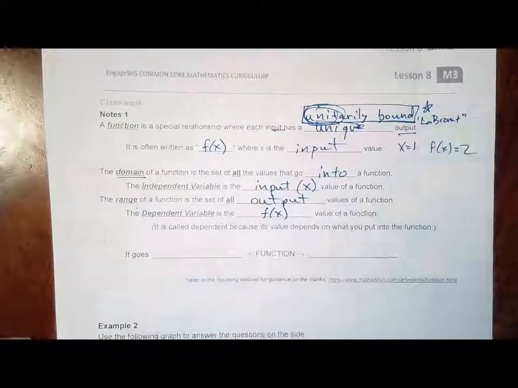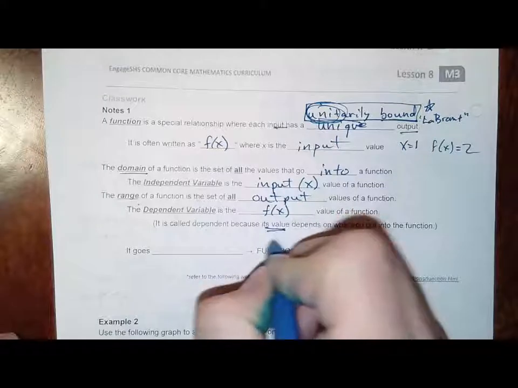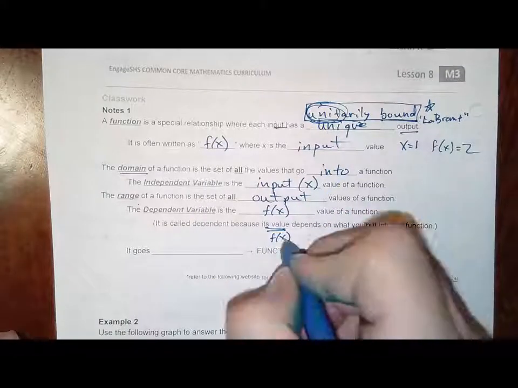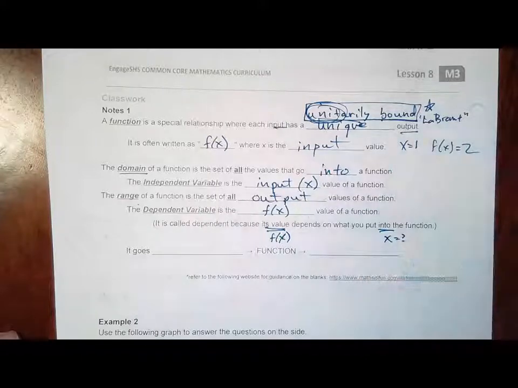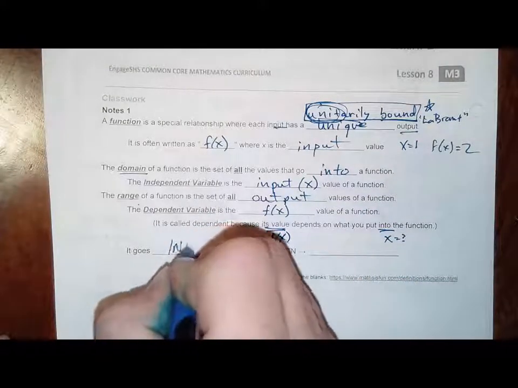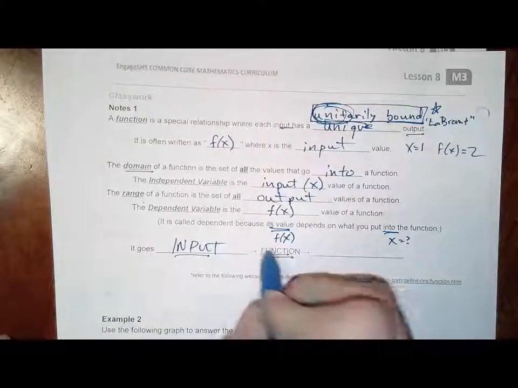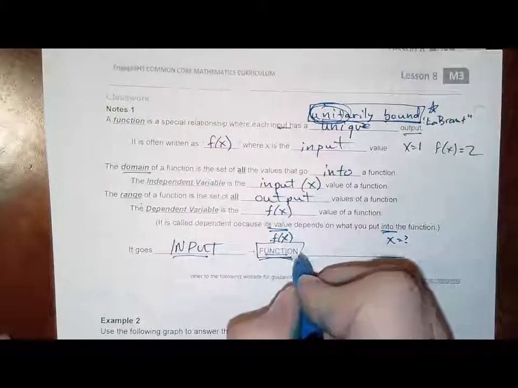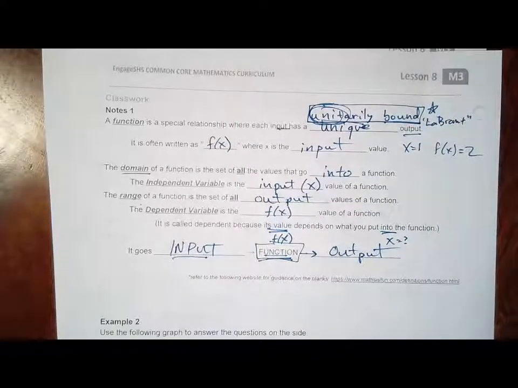It's the dependent variable, the f of x value of a function. It's called dependent because the value f of x depends on what you put into the function. So it usually goes: input, that's the number you pick. The function works on it, chugga, chugga, chugga, and out comes the output, f of x.